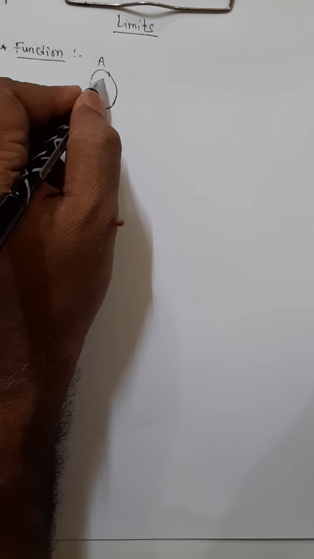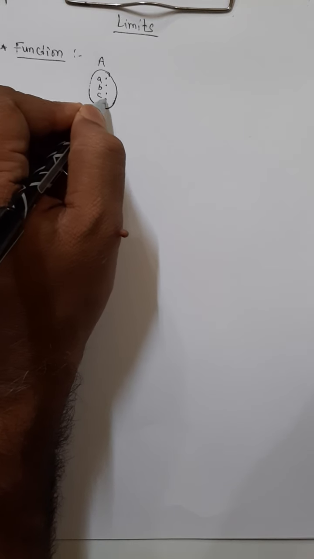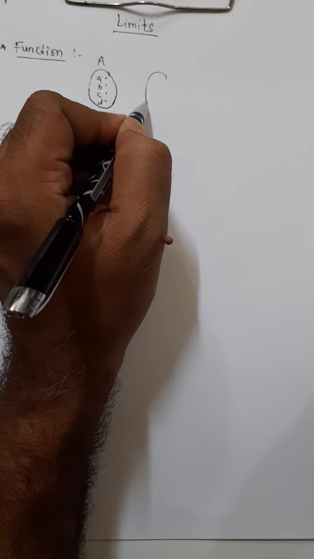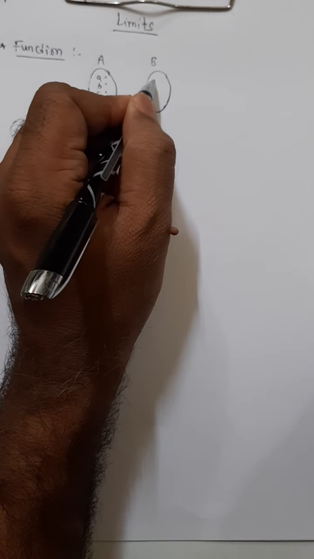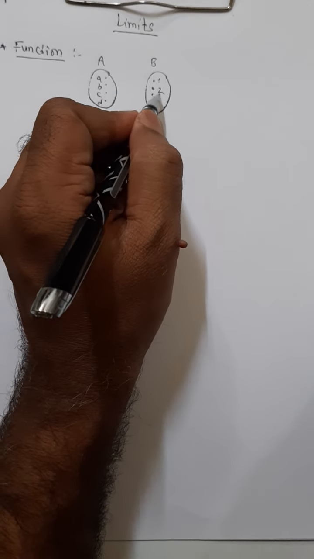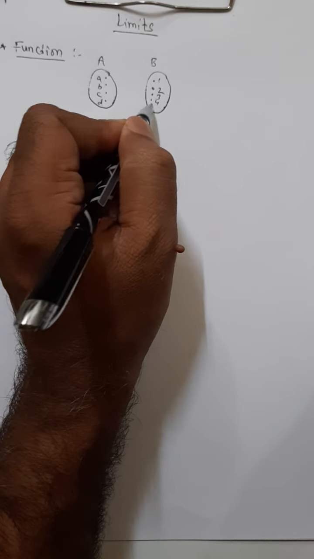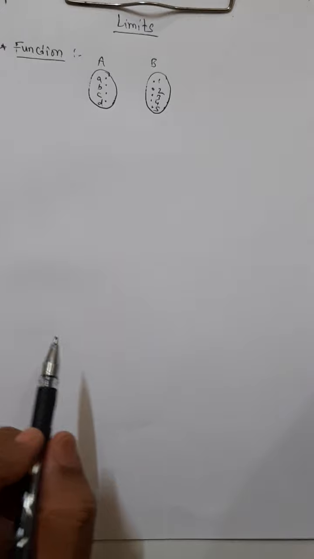It contains elements a, b, c, d. And suppose there is another set B which contains elements 1, 2, 3, 4, 5. Then see here what is the definition of a function.